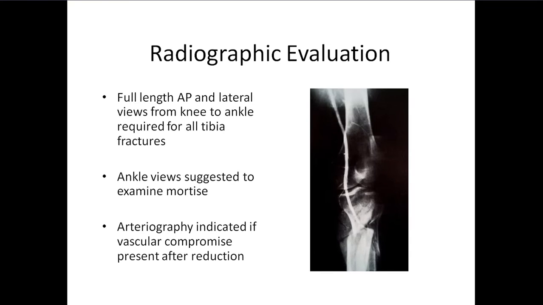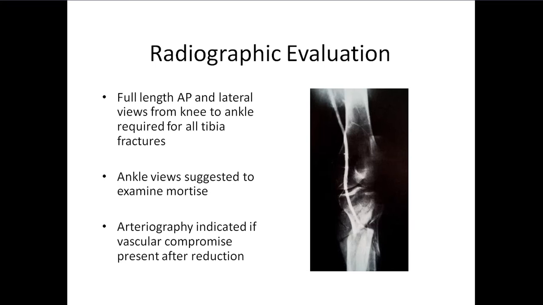Then radiographic evaluation is very important. Of course, you need to take AP, lateral, and if necessary, oblique views from knee to ankle, because the dictum is that if there is a fracture anywhere between two joints, you need to take an X-ray of both the joints. Understand?